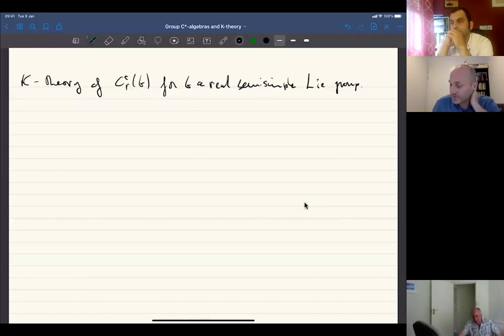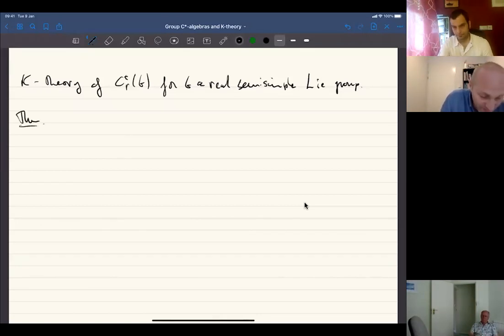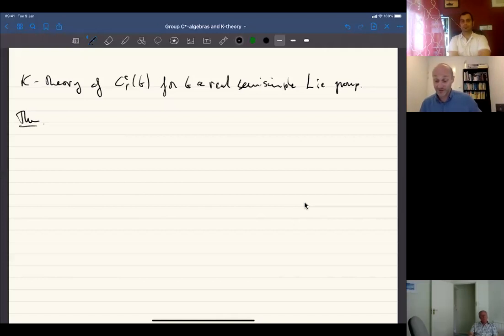This procedure will consist of first finding a decomposition of C star reduced of G as one of these C0 direct sums that I discussed in my previous lecture, and then finding a similar but Morita equivalent description which allows us to compute the K-theory.